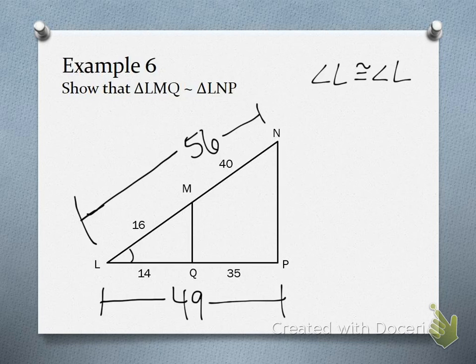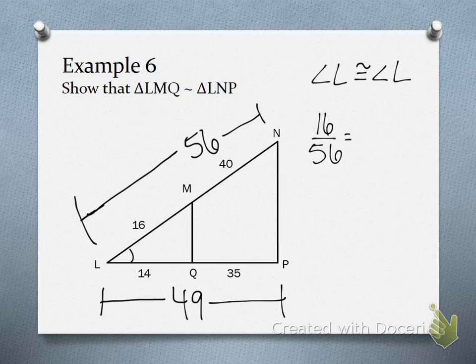If we are checking our sides from our little triangle, we could use the 16. And it would have to get compared to, good, this big side here from my other triangle is 56.